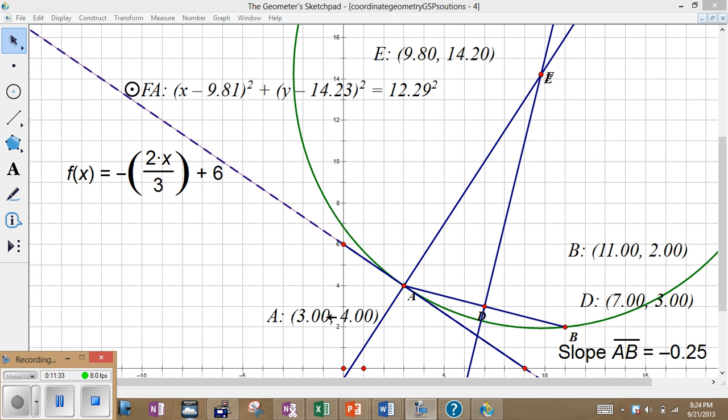And AB is the chord going through the 2 points given. We have to find the perpendicular bisector of that chord. That implies the midpoint of that chord, and the slope of that chord, so we can take the negative reciprocal as the slope. So we find the equation of this line DE.